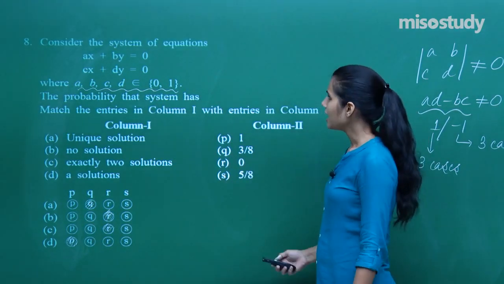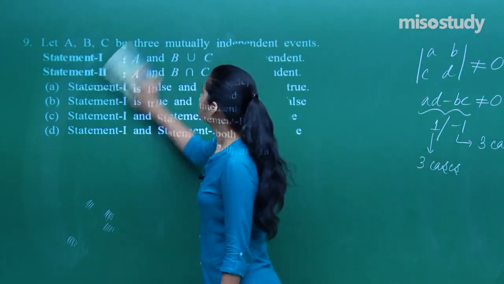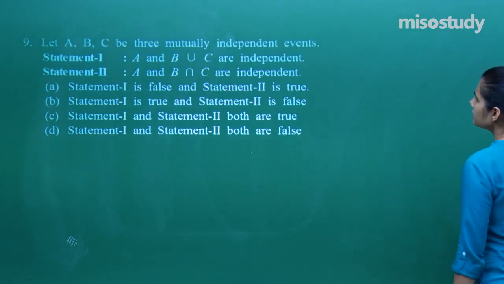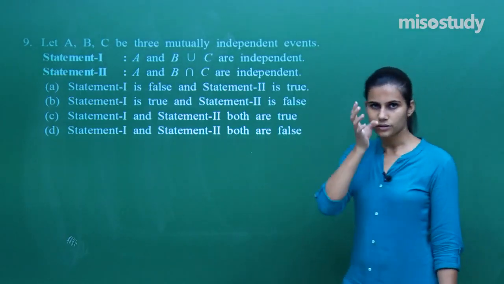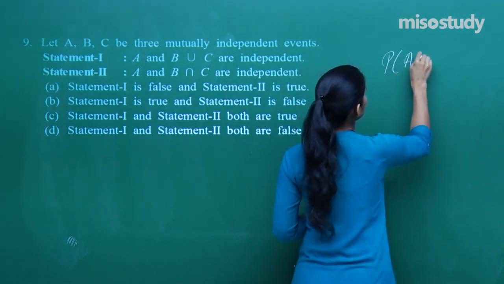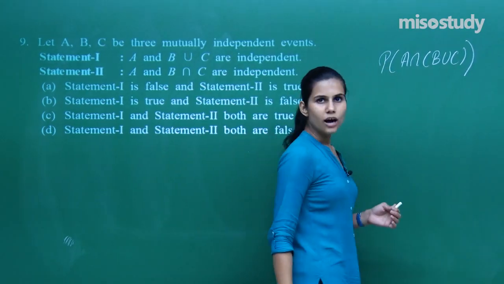Moving to the next, we have, let A, B, C be 3 mutually independent events. What do you think? Are A and B union C independent, and A and B intersection C independent? So let's see. A and B union C. How can you interpret this?